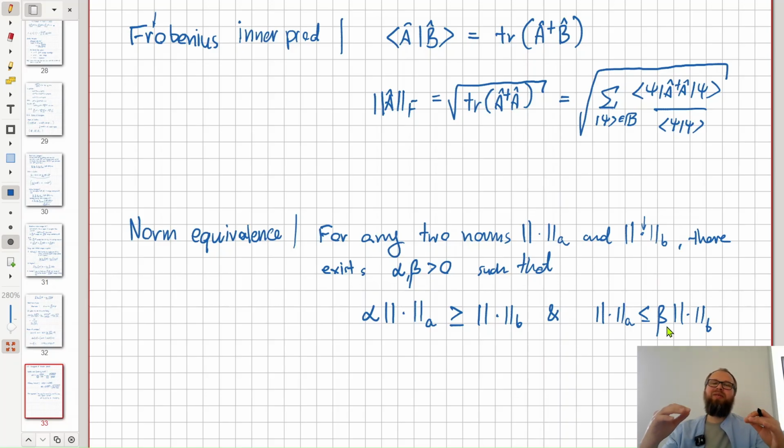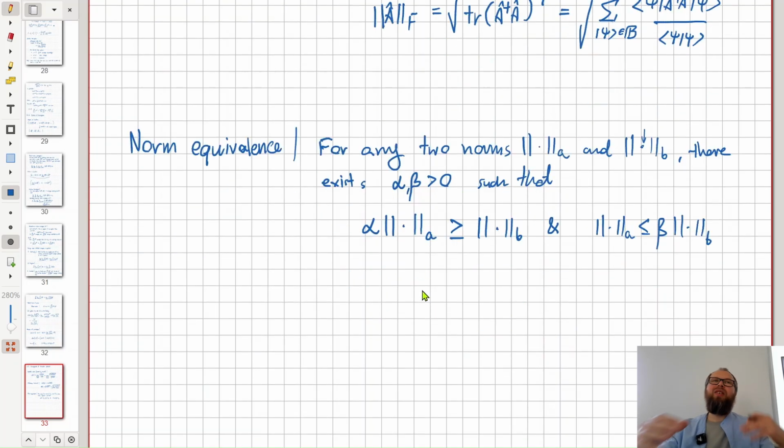Two norms are equivalent when those constants exist, and they are uniform, so it's not dependent on what you are measuring. And the theorem is that for finite dimensional vector spaces, this includes operator space or Hilbert space, all norms are equivalent.